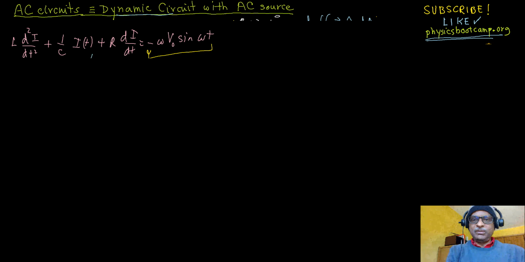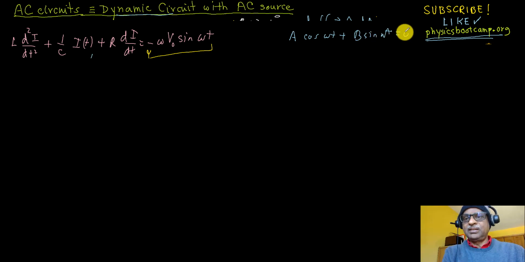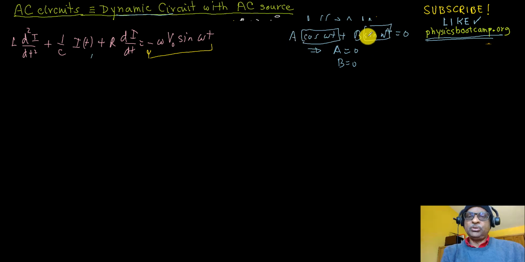We're going to use some sense here: if I have a cosine omega t plus b sine omega t, and that equals 0, then that will mean a has to be 0 and b has to be 0, because these functions are independent. You can show it several ways.